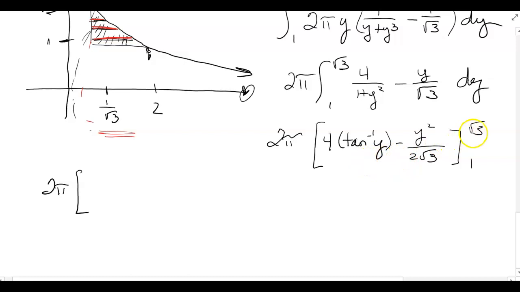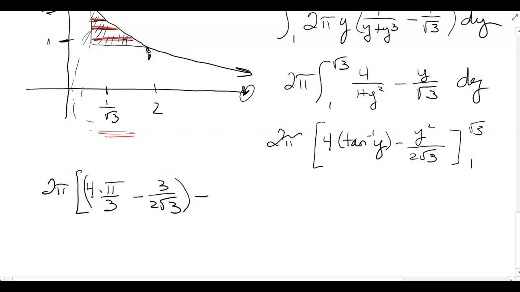Okay, so I'm plugging in radical 3. Tan inverse of radical 3. You can use your calculator, or of course you're asking yourself, what angle gives me radical 3 over 1? That happens to be pi over 3, or a 60-degree angle. Minus, now plug in radical 3 into the second term. If you square radical 3, you just get 3 over 2 radical 3.